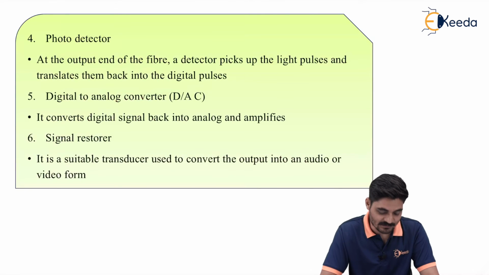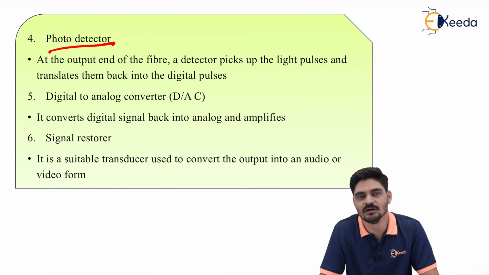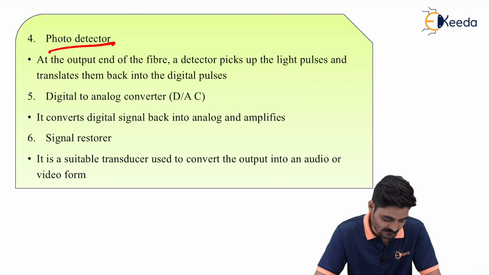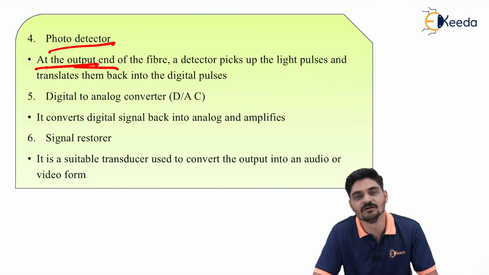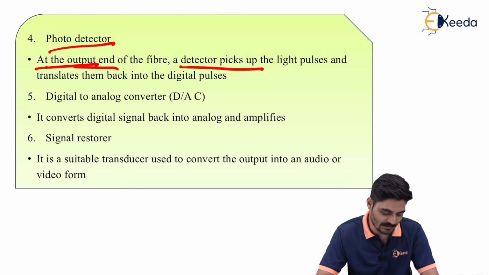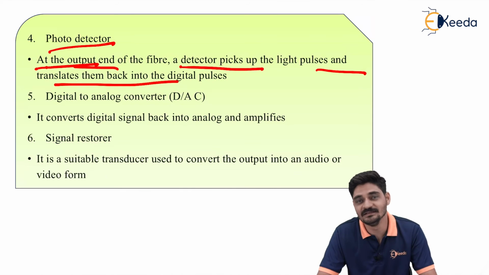The photodetector: after traveling a long path through the optical fiber cable, the photodetector is present at the output end of the fiber, and a detector picks up the light pulses and translates them back to digital pulses, because there was a conversion of digital pulses into light.